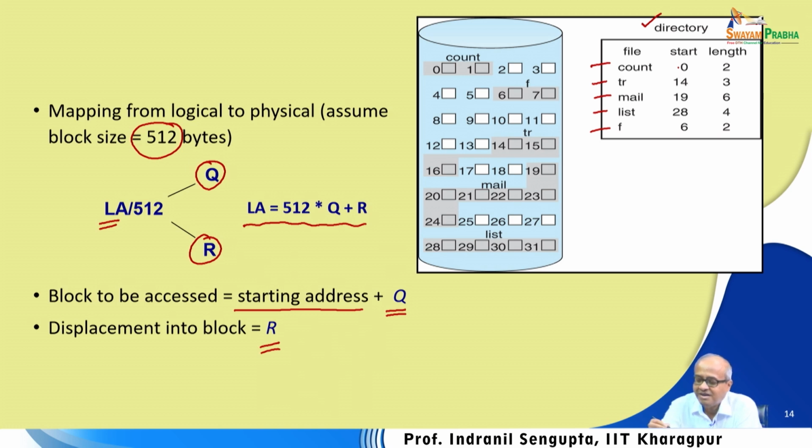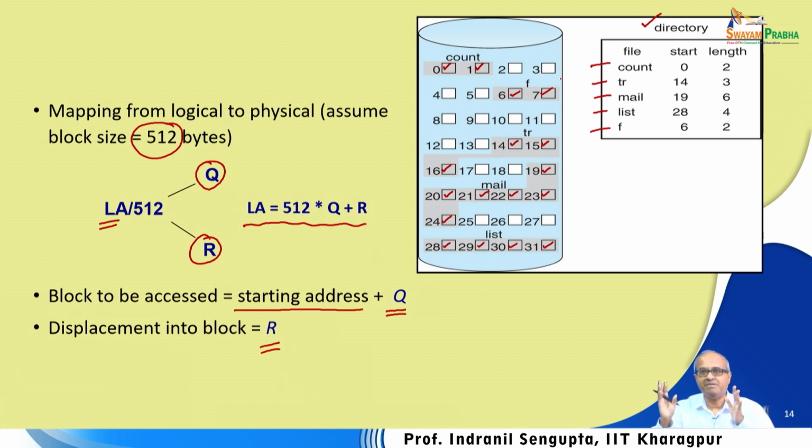TR starts from 14, length is 3, so 14, 15 and 16. Mail is from 19, length is 6, this 2, 3, 4, 5 and 6. List from 28, length 4: 28, 29, 30, 31. And F from 6, length 2.